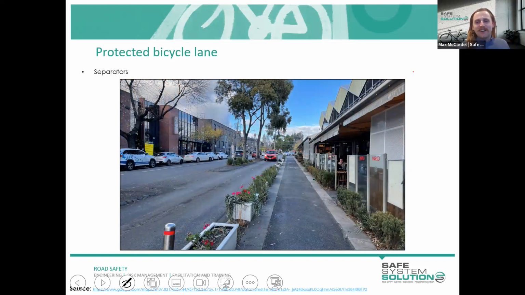Another separator type is using planter boxes. I'm a big greenie, so I certainly love the streetscape improvement and just making it more of a green space. But the issue I have with it is these planter boxes are often at that pedal strike height that we were talking about on Tuesday's session.